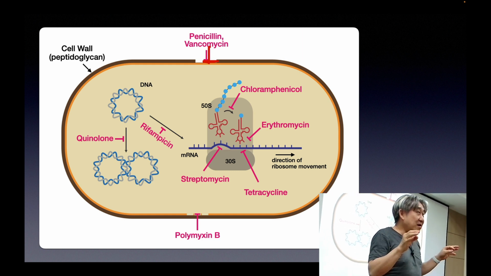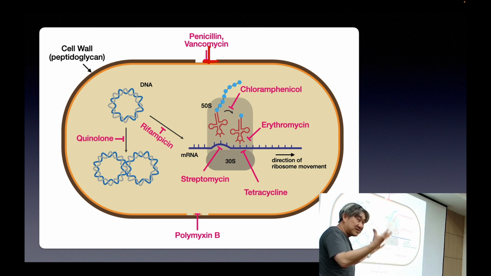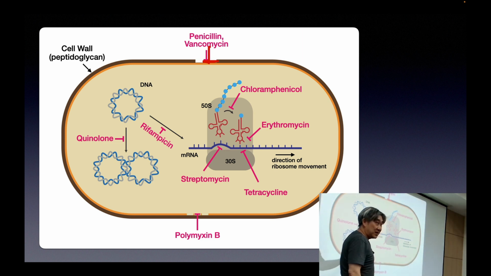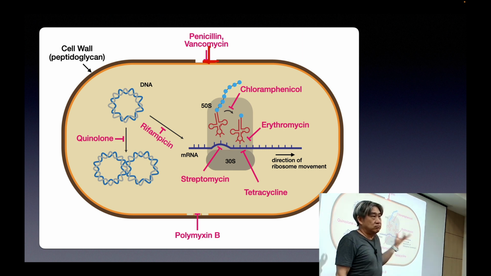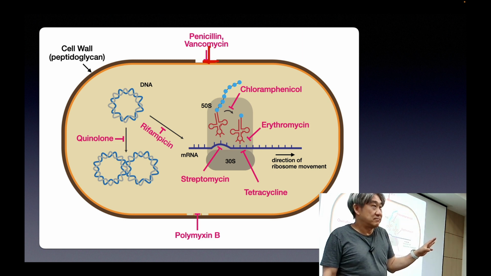That's DNA replication. Any dividing cell must first take care of DNA replication, right? And what does it mean? This quinolone can block DNA replication. How? How can any drug stop DNA replication?